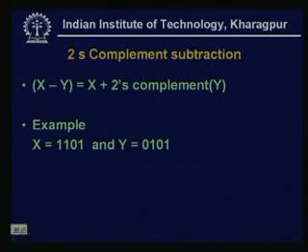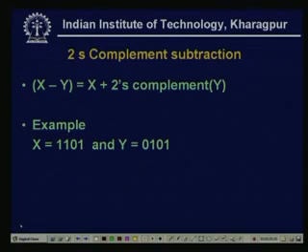See this x minus y. First I will compute the 2's complement of y, and we know that 2's complement of y is the 1's complement of y plus 1, which is again some addition, and then it will be added with x.